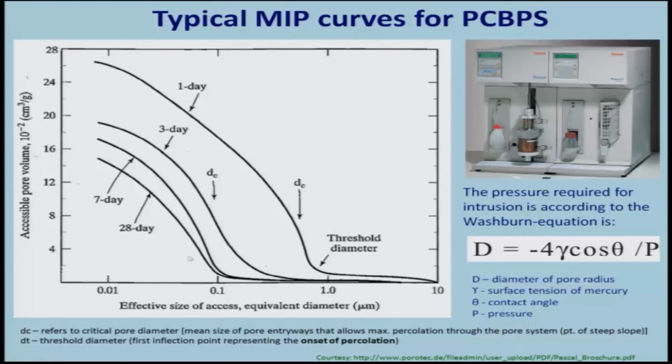So, DC is actually the mean size of the different pore sizes, and how is it determined? Basically, we have to draw a tangential line to the first derivative of this curve in order to identify the steepest slope. So, critical pore diameter refers to the mean size of the pore entryways. Right from here to here, this provides the mean pore size.